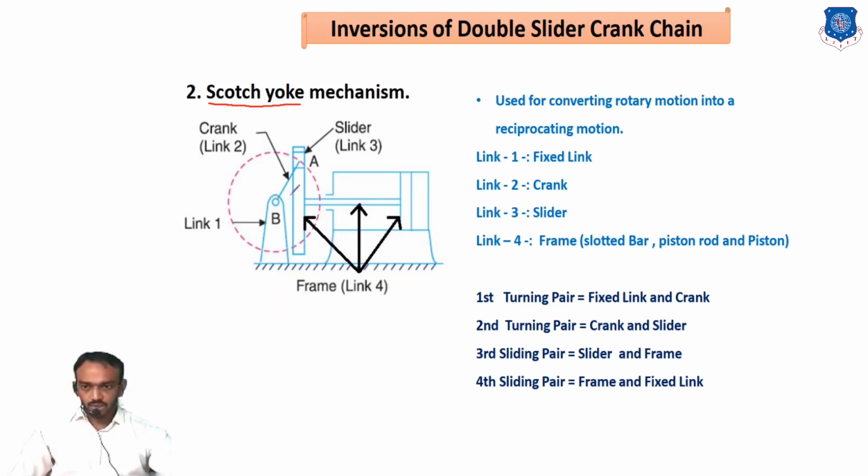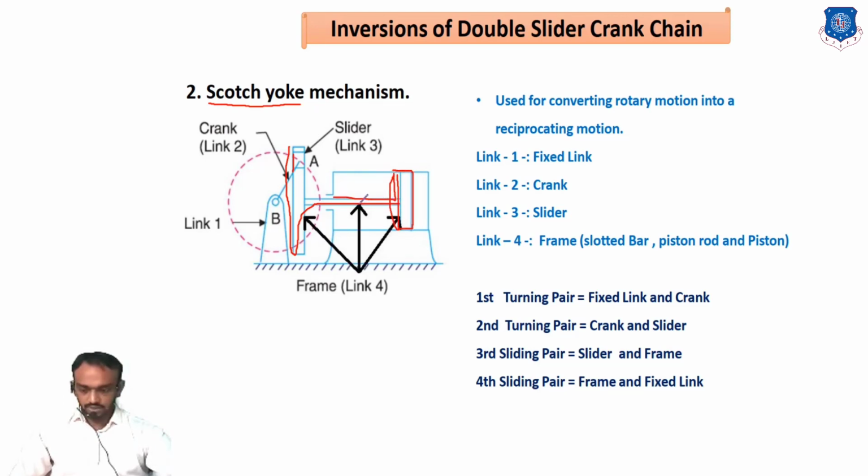Then link number 2 is this crank, and connected inside that is this piston, link number 3. Link number 4 is this slotted bar, and inside of that this piston.